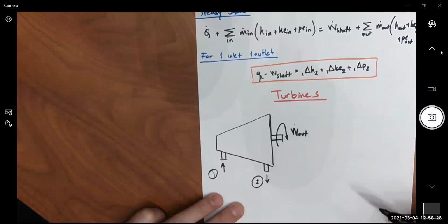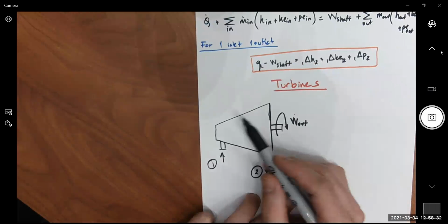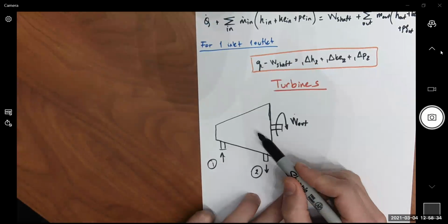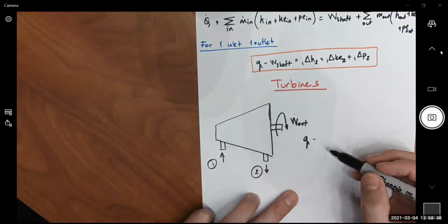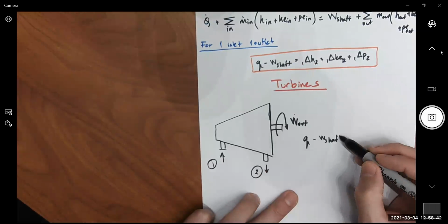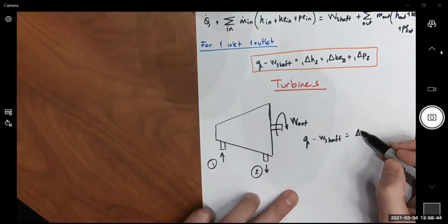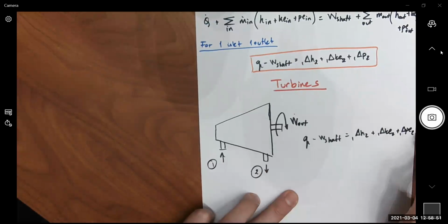Okay. And for this particular schematic of a turbine, we can apply one inlet, one outlet for a steady state system. Shaft work equals enthalpy difference plus kinetic energy difference plus potential energy difference.